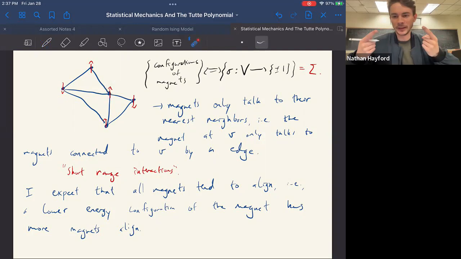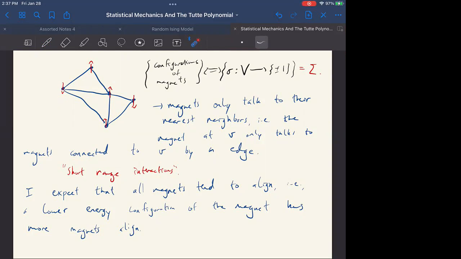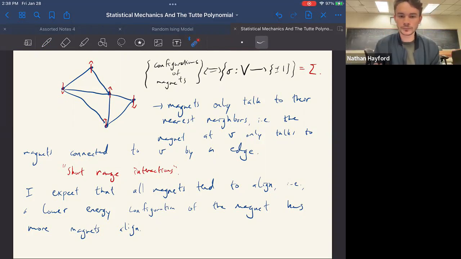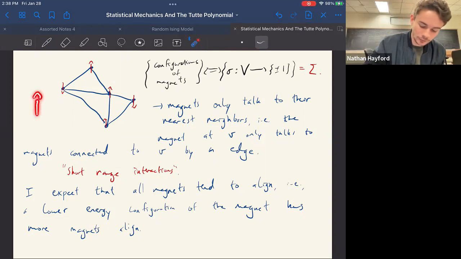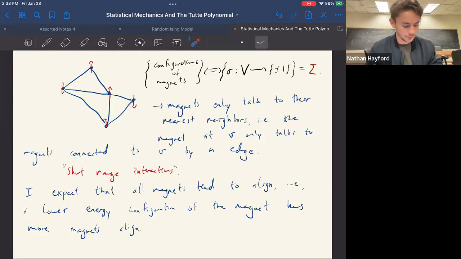If I have two refrigerator magnets, one's pointing south and I point them north to north, it takes more energy for my hands to hold them together than it does to hold them south to north, for them to point in the same direction. And that has nothing to do with an external field. It's just the fields coming from the magnets themselves. Correct? Okay, yeah, that's the idea. And now if I turn on an external magnetic field on the outside, then all the spins tend to align with the external magnetic field. But again, that's a different story.